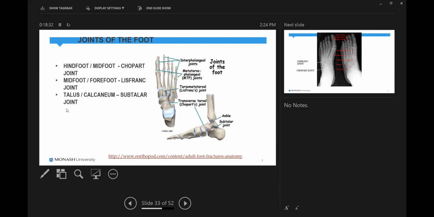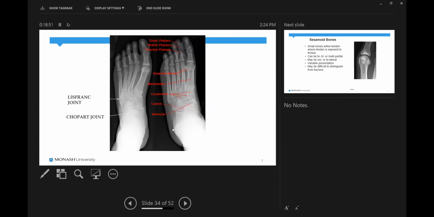And then just to be aware of the joints, so we have Chopart's joint, and then we have Lisfranc's joints, and then of course the talocalcaneal or subtalar joints as well. And this is just on an X-ray, which indicates where you will find Lisfranc's joint, and then also Chopart's joint, and then of course all our other joints on the foot.